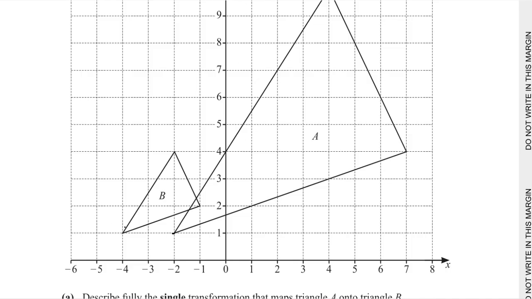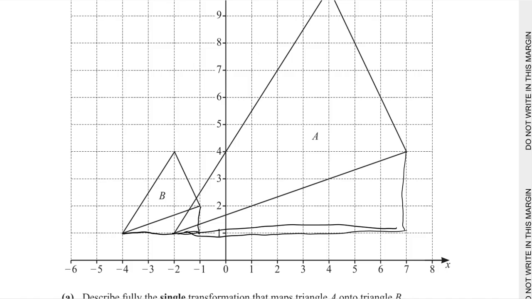To find the scale factor, we can look at the changes from here to this point. Or we can take any 2 points and divide the length of the image by the length of the object.